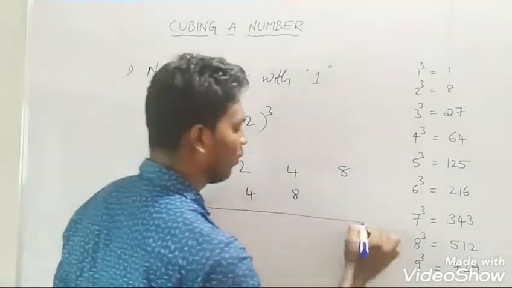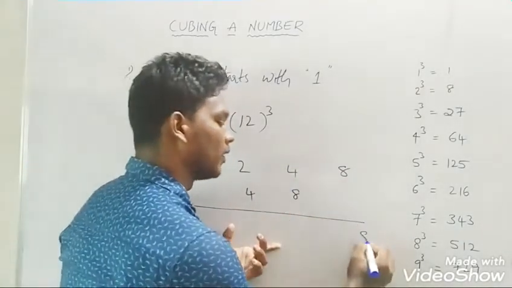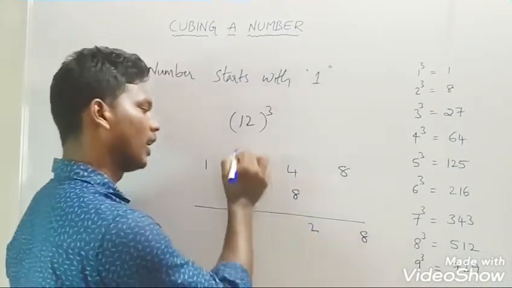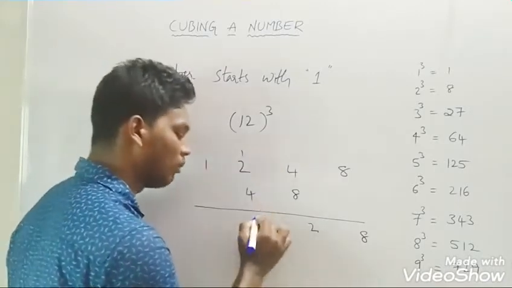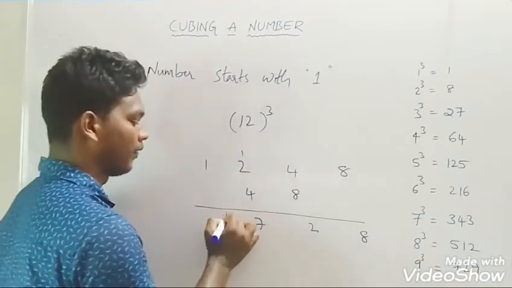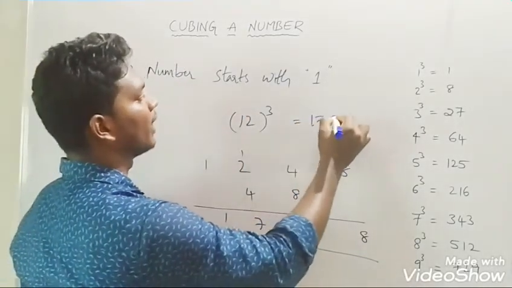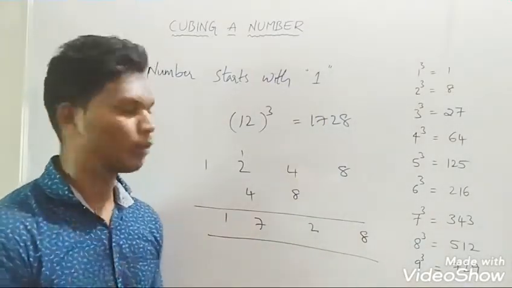Once you have written this, the problem is completed, then go through the addition. 8 plus 4 will be 12, so I am writing 2 here and carrying 1. 4 plus 2 is 6, 6 plus 1 will be 7. And finally 1. So finally 12 cube is 1728.